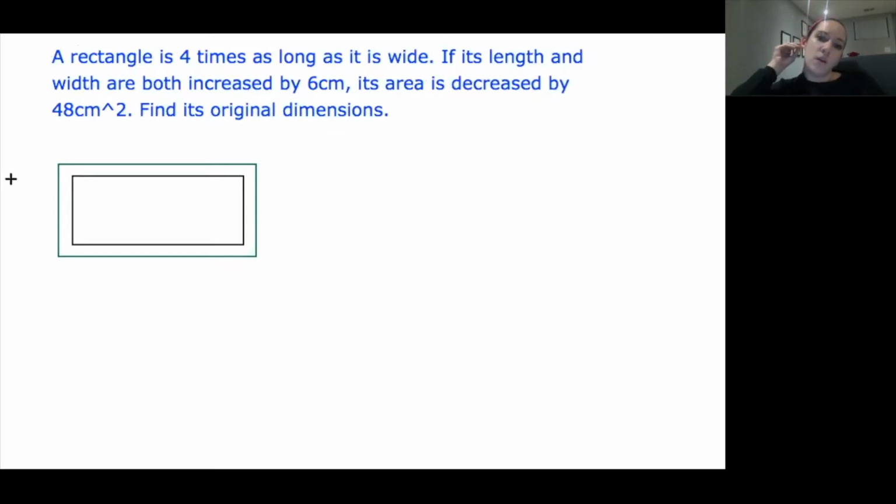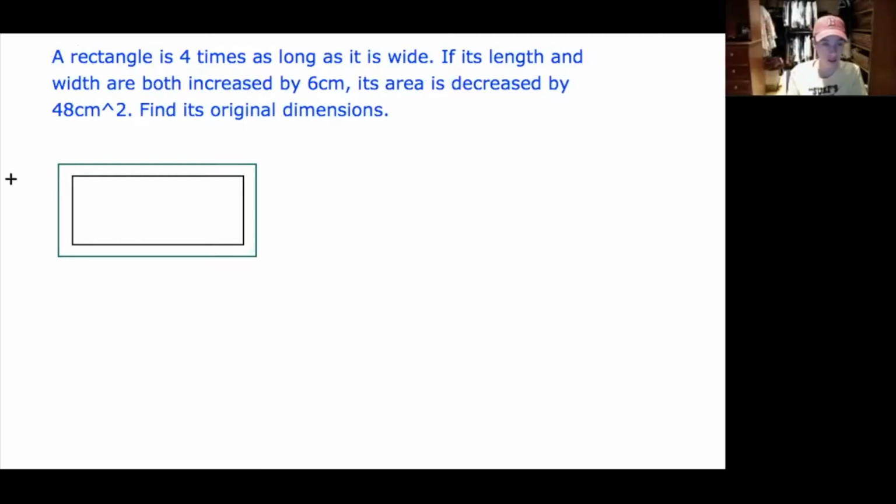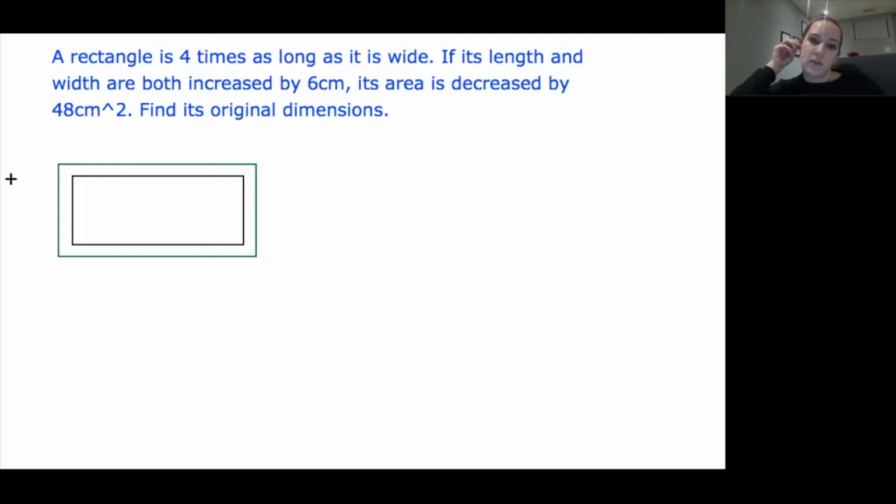Okay, so is my rectangle the original one or is yours the original? The smaller one's the original. Yeah, okay, cool. It's a little bit different than the last one she showed us. All right, let's label them.